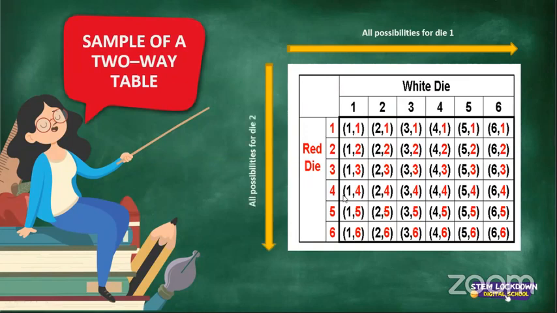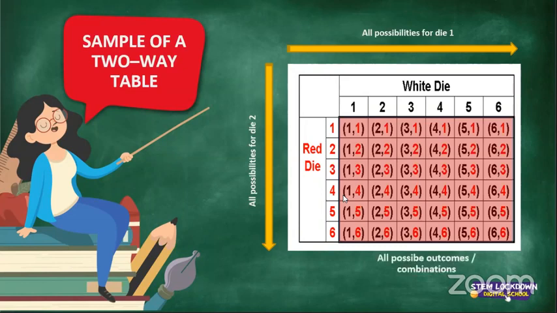And then down with the red die, we have possibilities for die number 2. How many total possibilities, or combinations, do we have? 36. There we go. So just as an example, 1 and 1, 2 and 1, 3 and 1. And then here we have 1 and 2, 2 and 2. Very nice, guys. Very good.